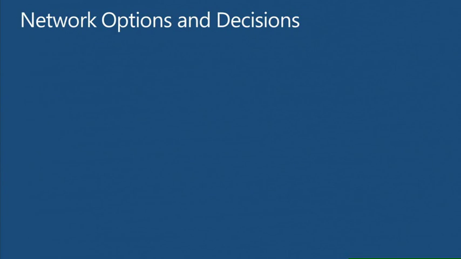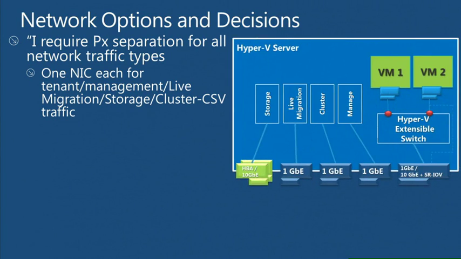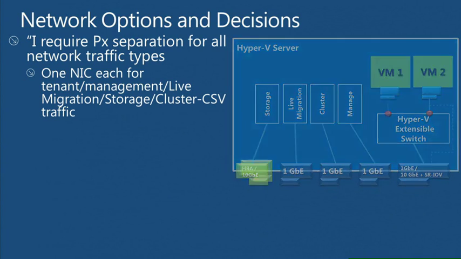There are also some network options and decisions we have to consider as well in our hosted cloud environment. One example is I require physical separation for all types of network traffic, sort of like that first version that we saw where we have one NIC for each of the infrastructure traffic modes: the tenant traffic, management, live migration, storage, and cluster CSV, and it would look something like this, the first pattern I discussed with you earlier.